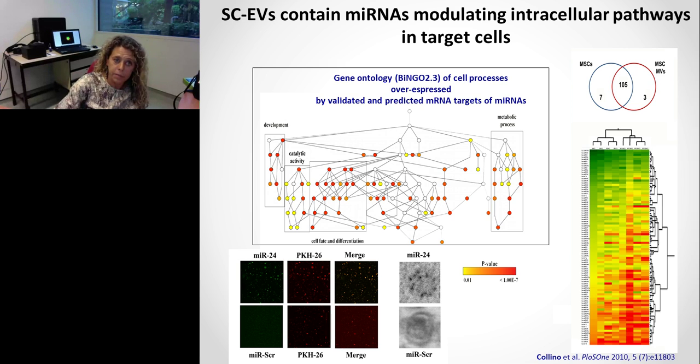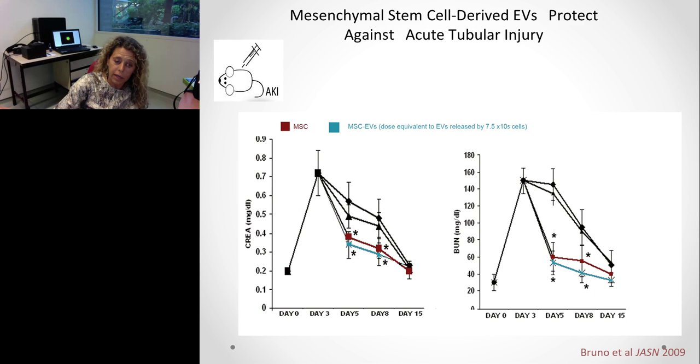And it's very clear, analyzing the function of the kidney, which is here the creatinine and the BUN, that a very rapid gain of function was obtained both with vesicles and with cells.